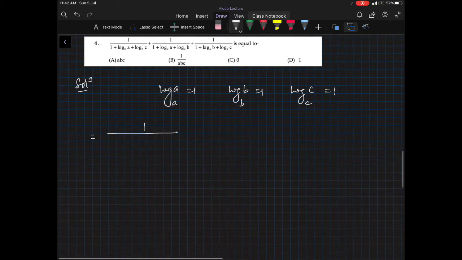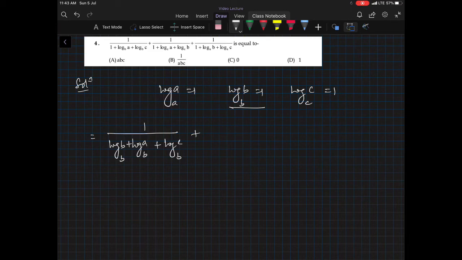So I will write the term which has base b, so I will write log b base b, then plus log a base b plus log c base b.